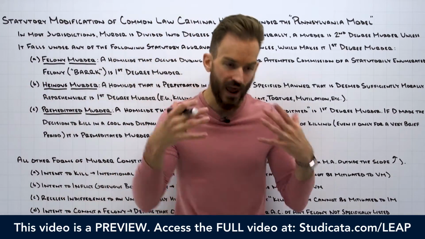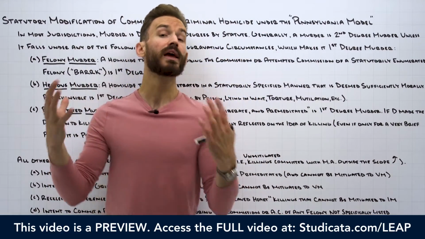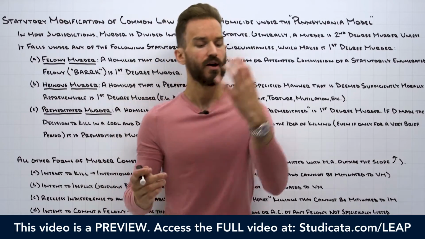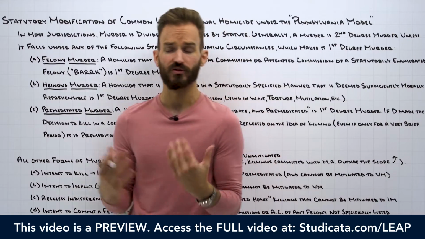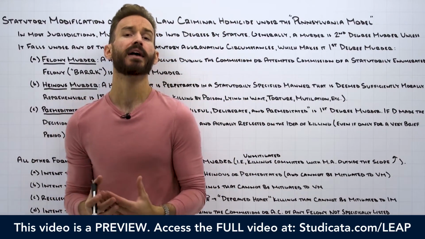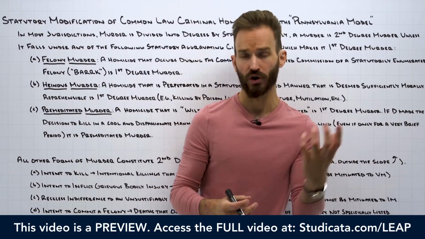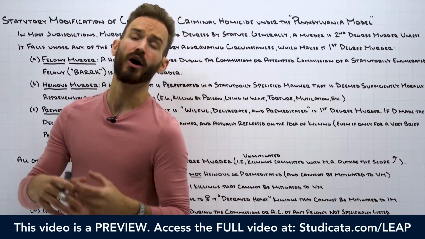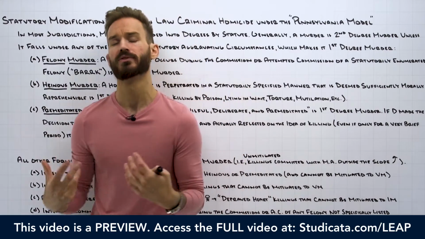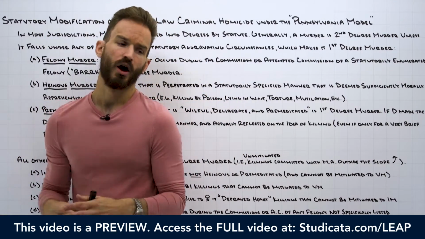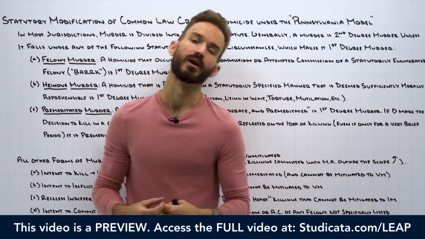To address this, the legislature enacted degrees of murder, primarily first degree and second degree. More serious types of murder would be called first degree murder, less serious types would be called second degree murder, and first degree murders would be subject to harsher punishments than second degree murder.